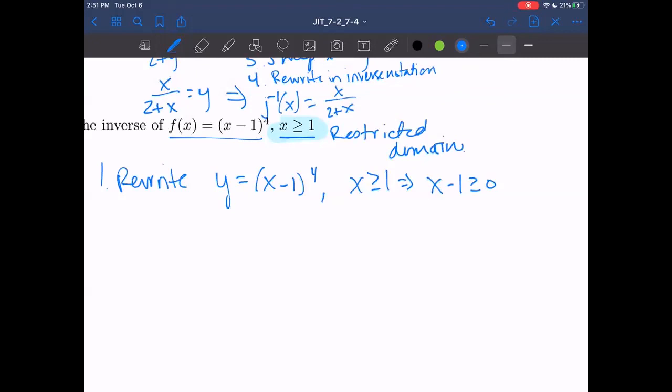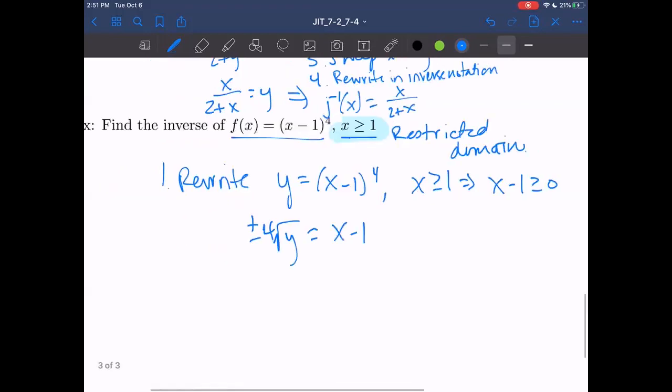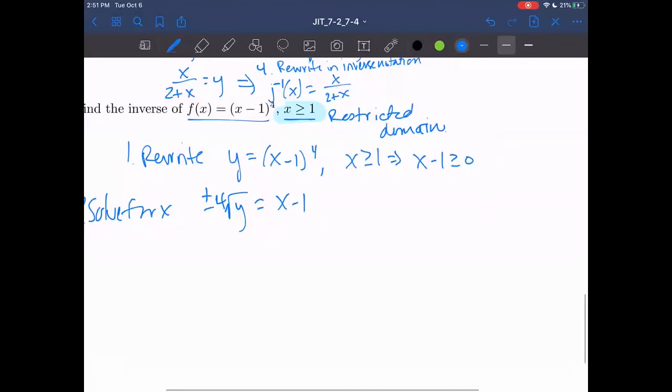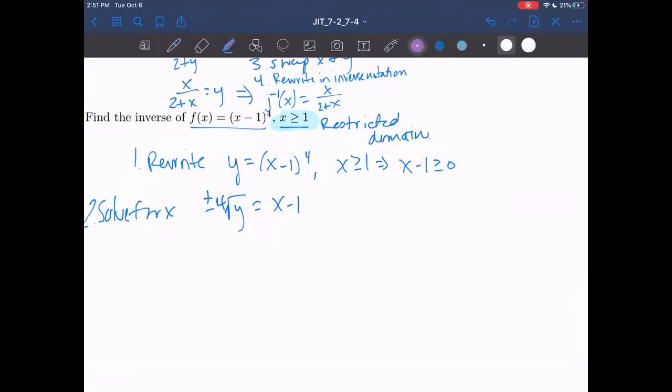And then we'll take the 4th root of both sides. So we're solving for x. When we take the 4th root, we get a positive and a negative. But because we know that x minus 1 has to be greater than or equal to 0, we only take the positive.